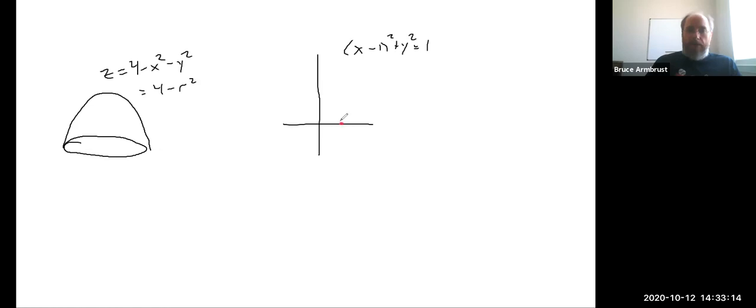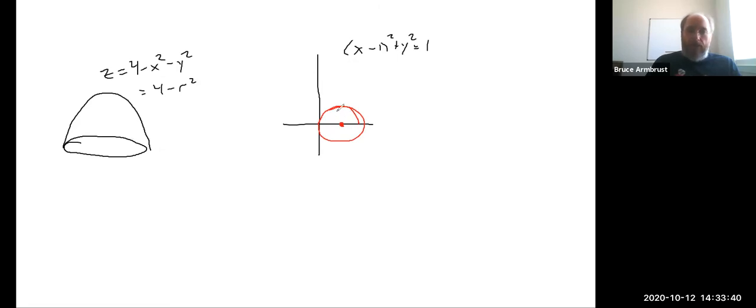So there's my center, radius 1. This picture, you'd have to flip sideways, because it's in the plane. But this is what I'm slicing through.